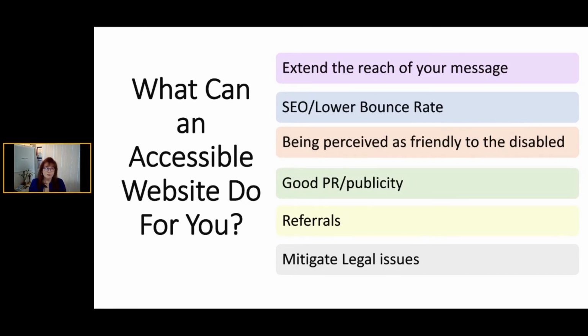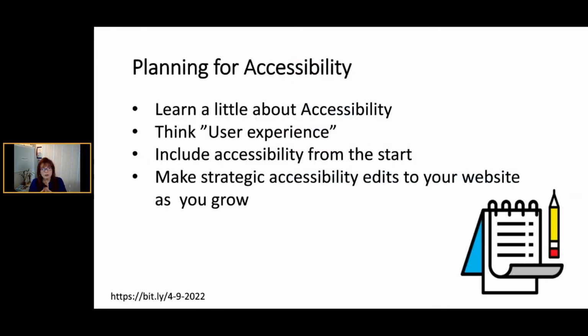It's very simple. All you need is to start by planning for accessibility. It helps if you learn a little bit about accessibility ahead of time so that you understand what's being done, why it's being done, who is being served by doing this, and how does it benefit everyone when you do. And thinking user experience. There are guidelines that web designers can follow to make a site accessible, but these are technical.